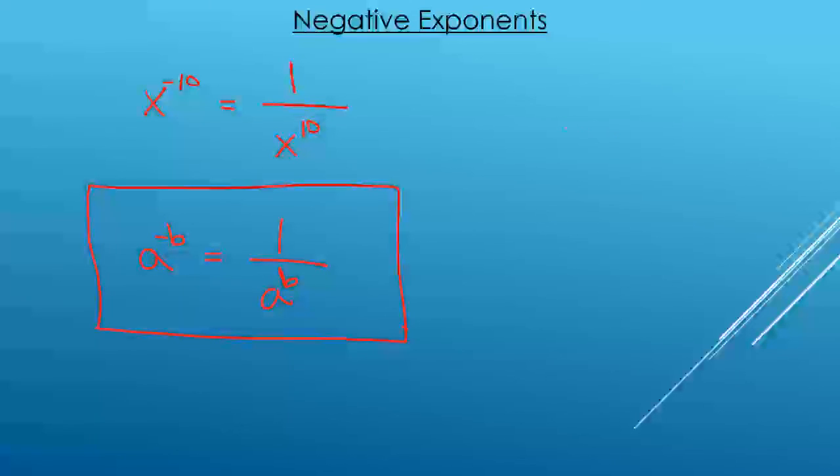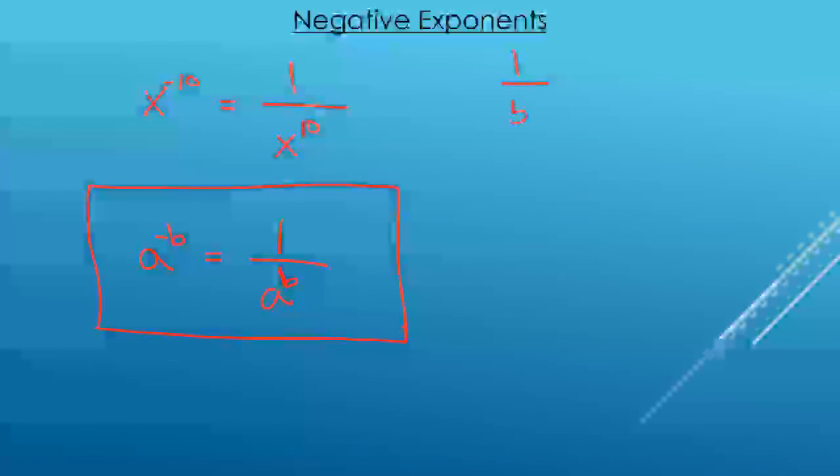One other thing I'd like to show you. Let's say that we had a negative exponent in the denominator to start with. So I'm going to do another example on top. Let's say we had 1 over 5 to the negative 2. How do I fix this?